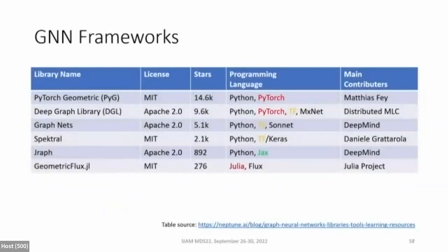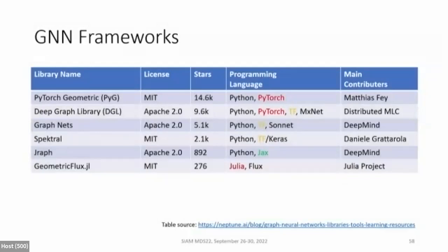The framework we are going to use is PyTorch Geometric, PyG. We acknowledge that there are many graph neural network frameworks. It really depends on your own taste. If you are a Julia person, you may want to use GeometricFlux.jl.